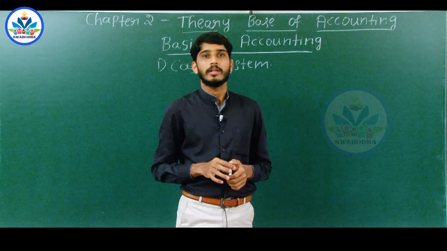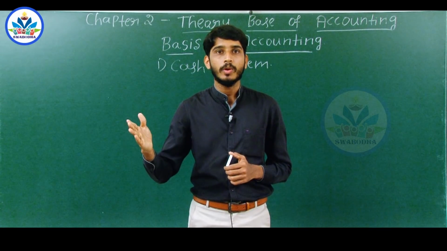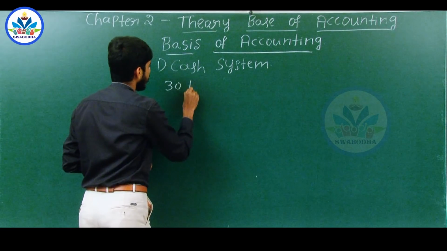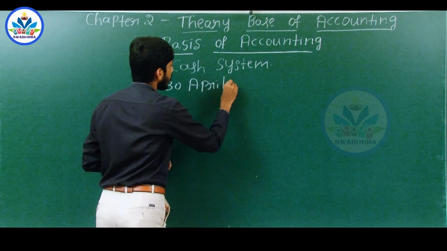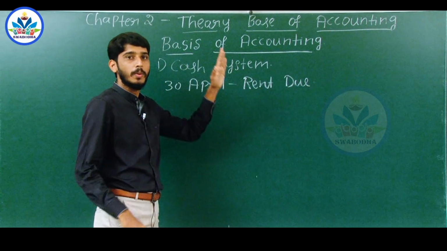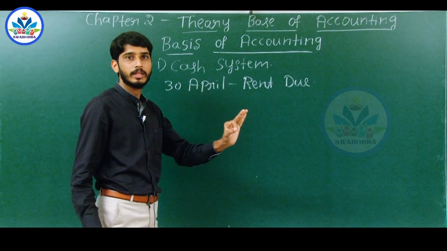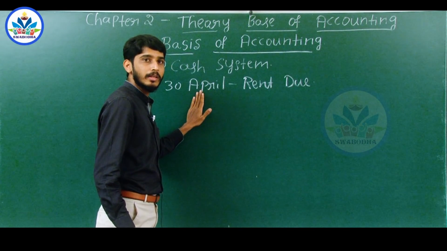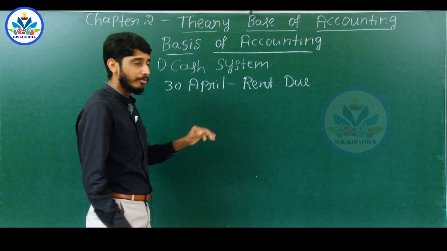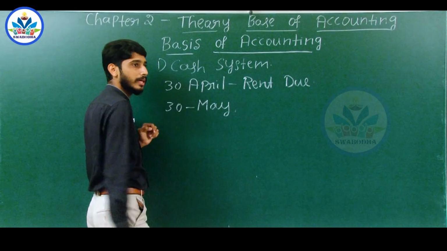To give an example, suppose the rent becomes due on 30th of April. That means you are supposed to pay the rent on 30th of April. You have the legal responsibility to make the payment of rent on this date. But actually you have paid the rent in cash on 30th of May, in the next month.